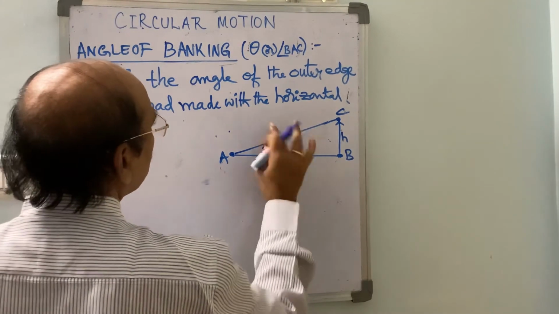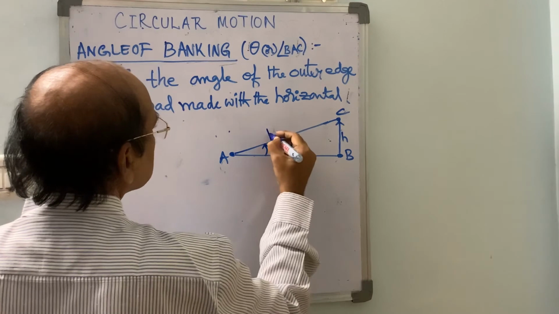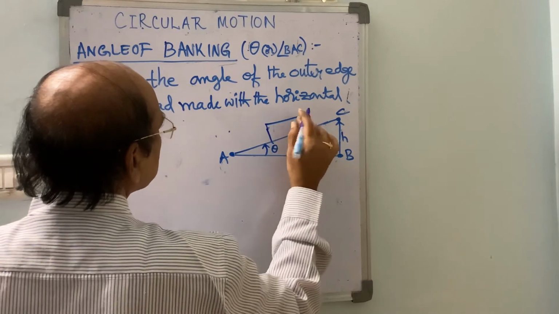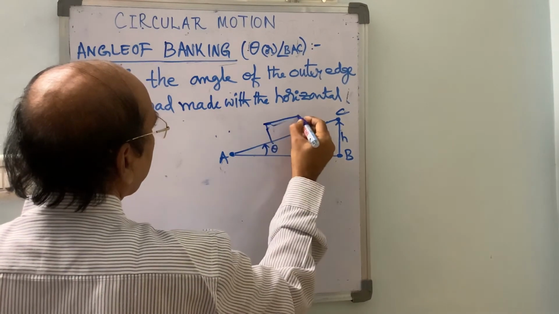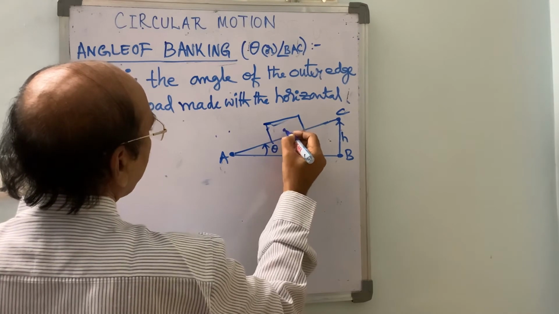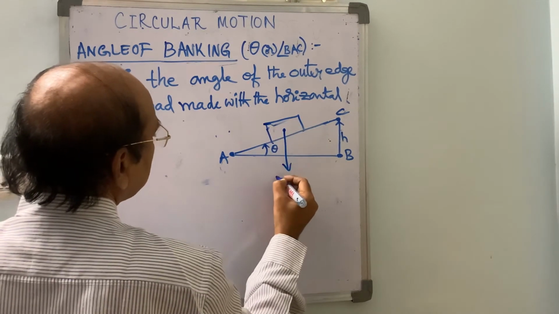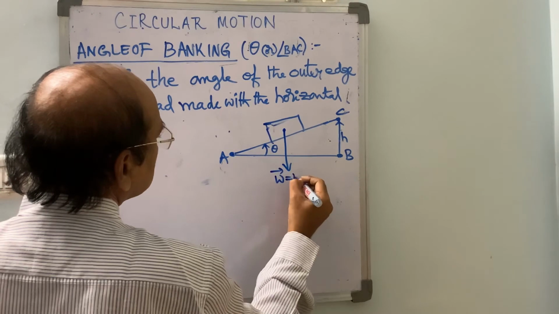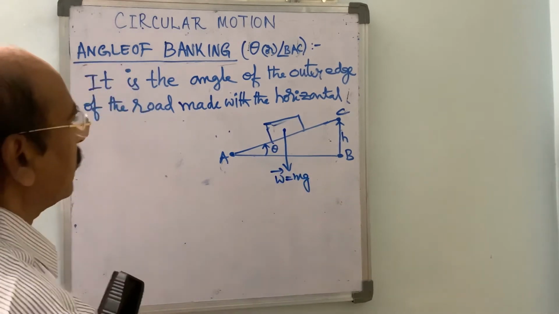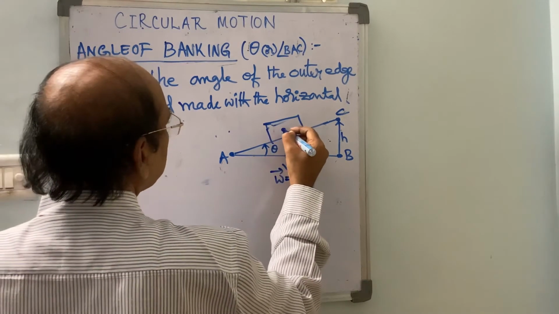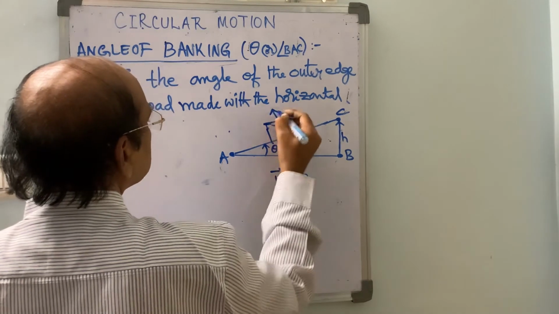Now consider a body of mass m which is moving on the road. Its weight acts vertically. Now the normal reaction R bar acts in this direction.